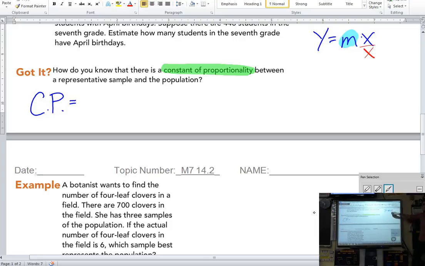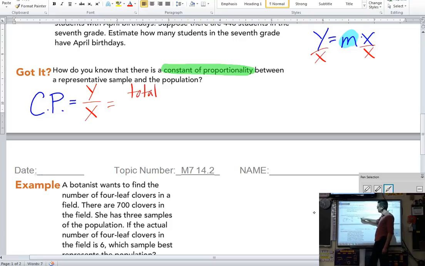So if I divide by x, really my CP becomes y divided by x, which in this case will be the total divided by that characteristic.